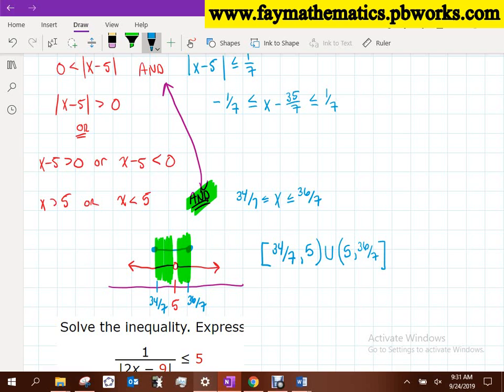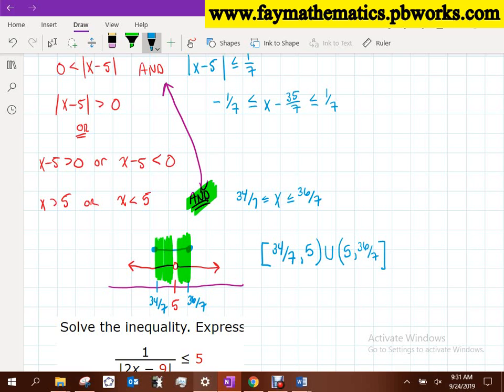So we got to say all of these are solutions along with all of these. So that's why we use the U. Because if you use the other one in interval notation, there is going to be a better way of writing it. You can write it as a more condensed statement.